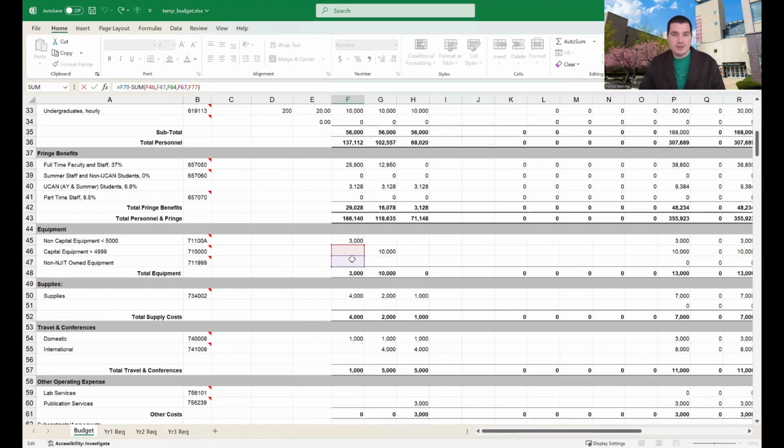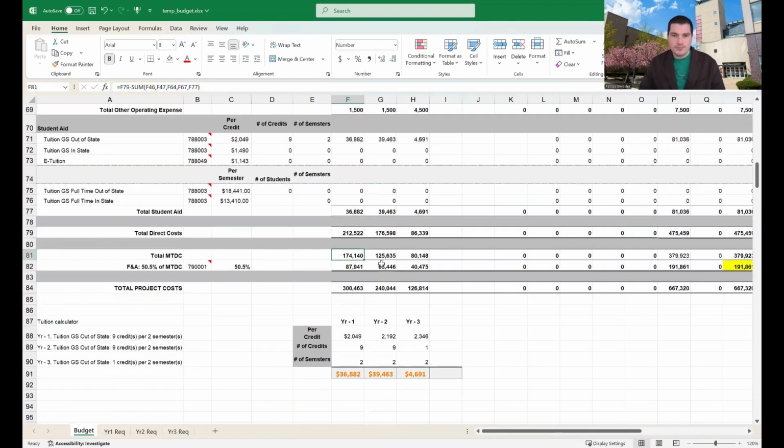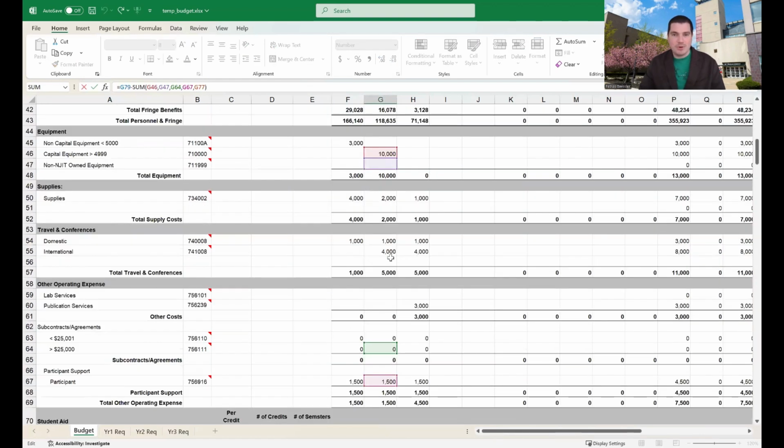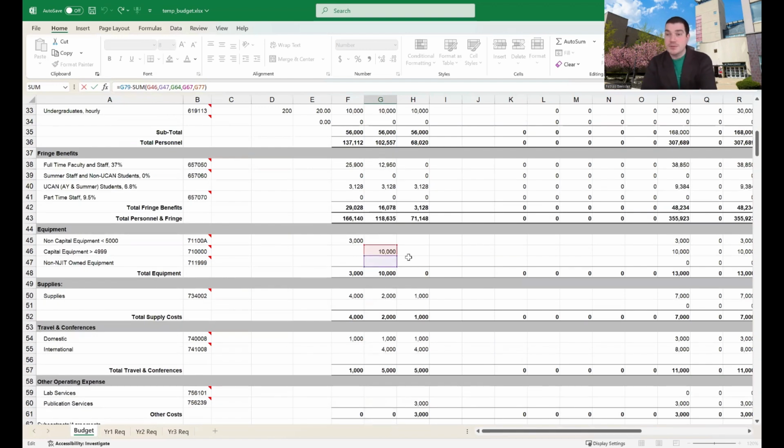You can see here that the capital equipment, right? If we go here, the capital equipment is not part of this. As I said, capital equipment is considered something that becomes an asset for the university, right?